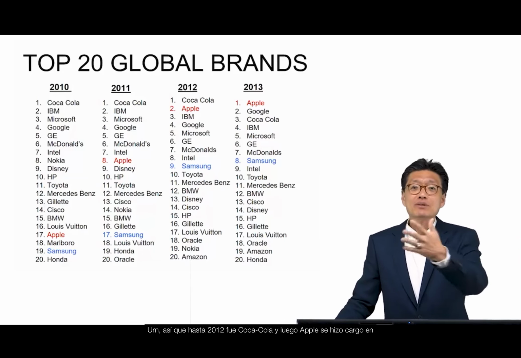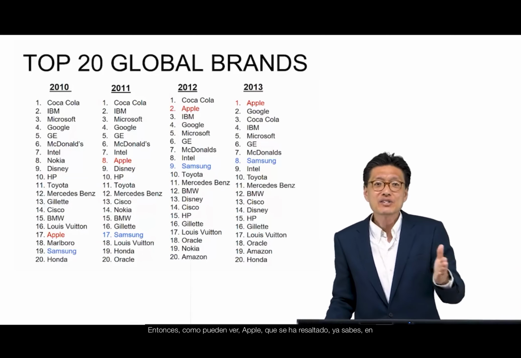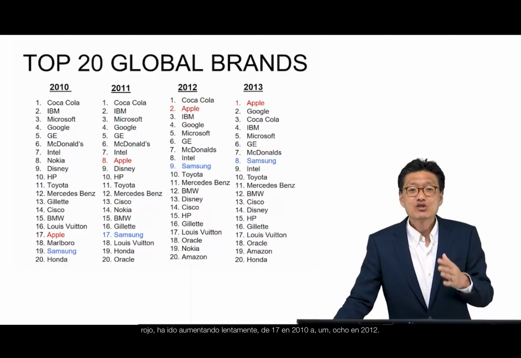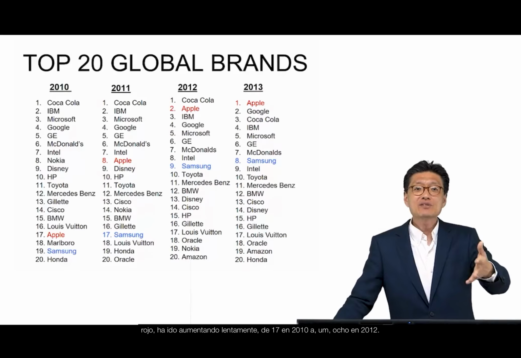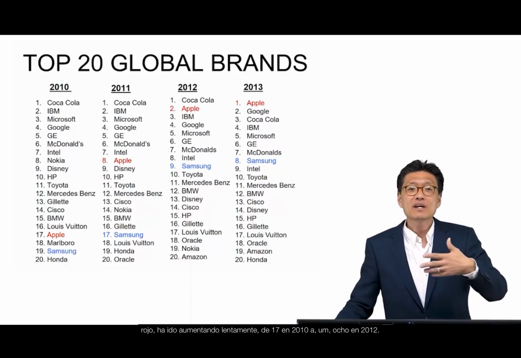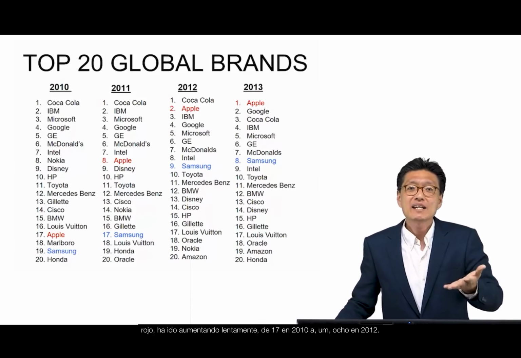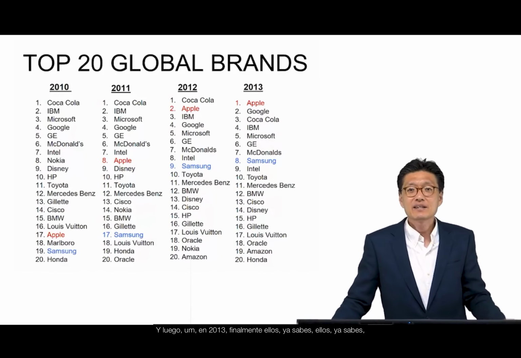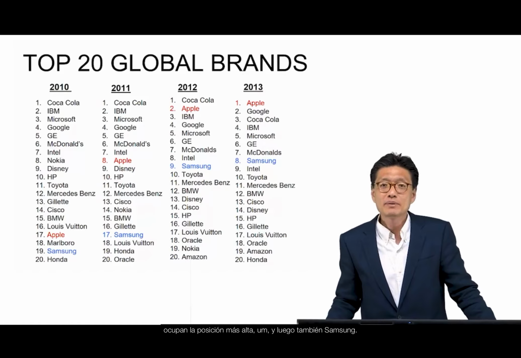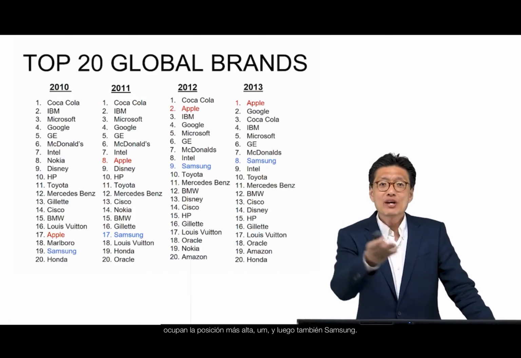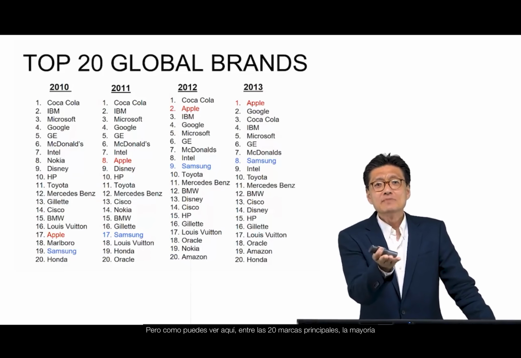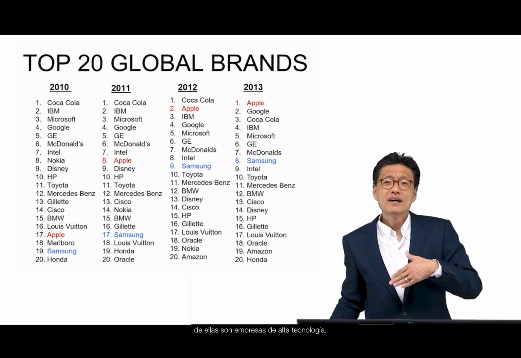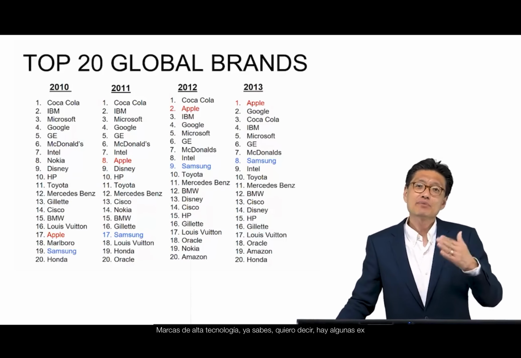And then Apple took over in 2013. As you can see, Apple, which I've highlighted in red, has slowly been on the rise from 17 in 2010 to 8 in 2012, and then in 2013 finally they occupied the peak position. And then Samsung as well. But as you can see here, amongst the top 20 brands, most of them are high-tech companies, high-tech brands.